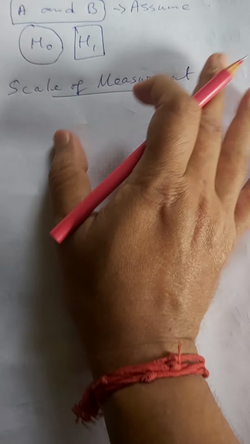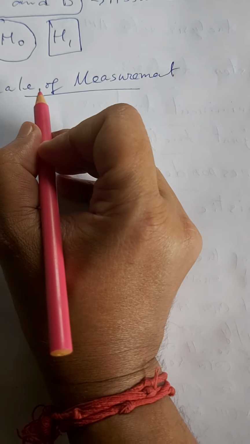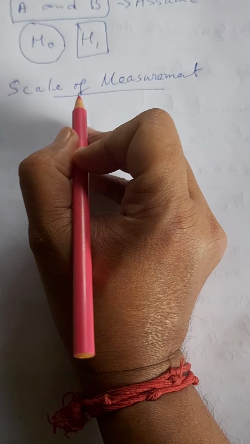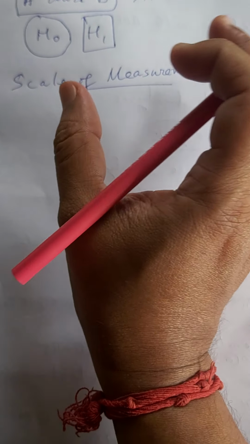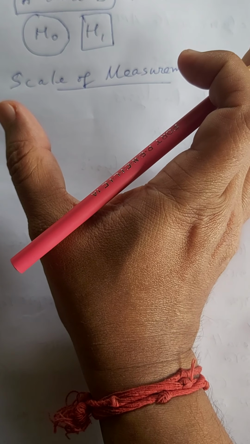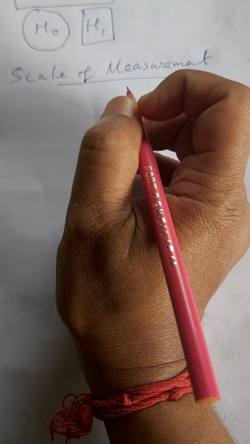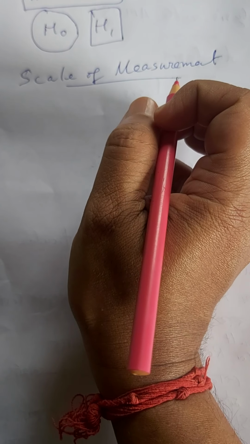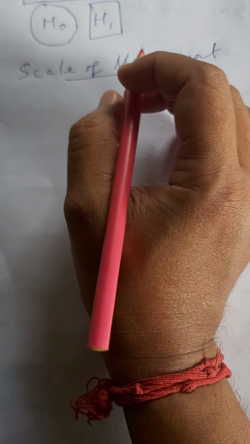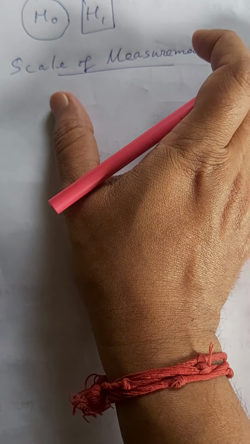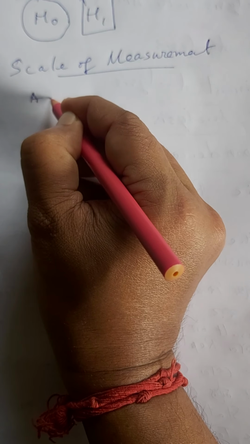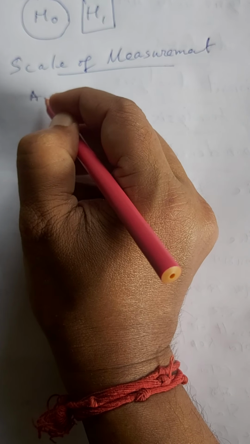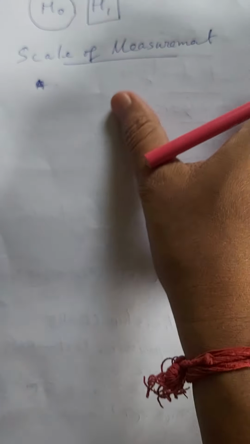Measurement. We know why we use scales of measurement. When we have data, the data is not numeric; actually the data is in string format, or normal format, like a name, anything, we just got data.